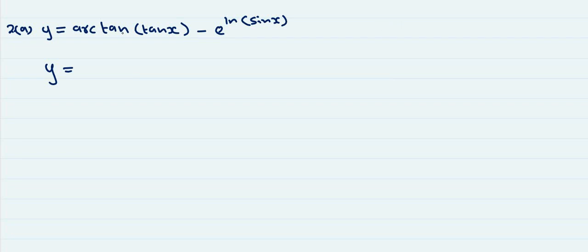So arc tan of tan x gives x, minus e to the exponent ln of any number gives that number, which is sin x. So before we differentiate, we simplify.